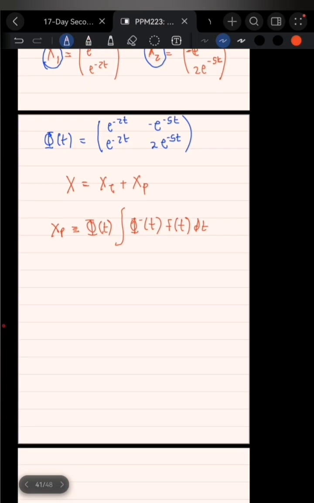Thus, we have to proceed and determine the inverse of the fundamental matrix.